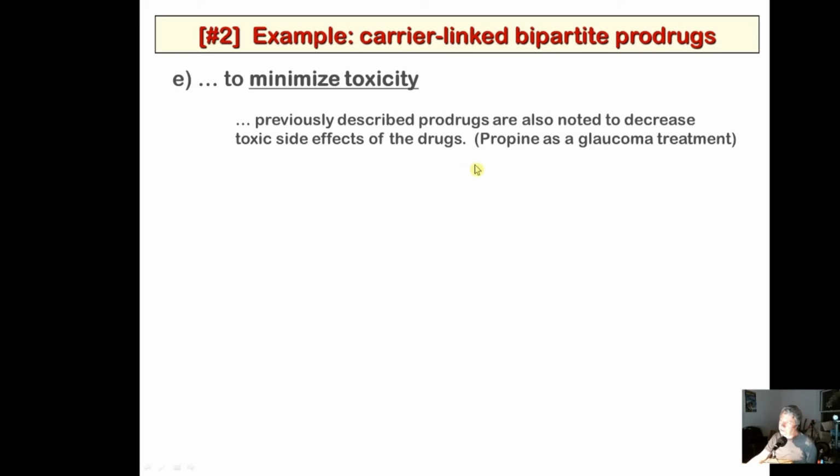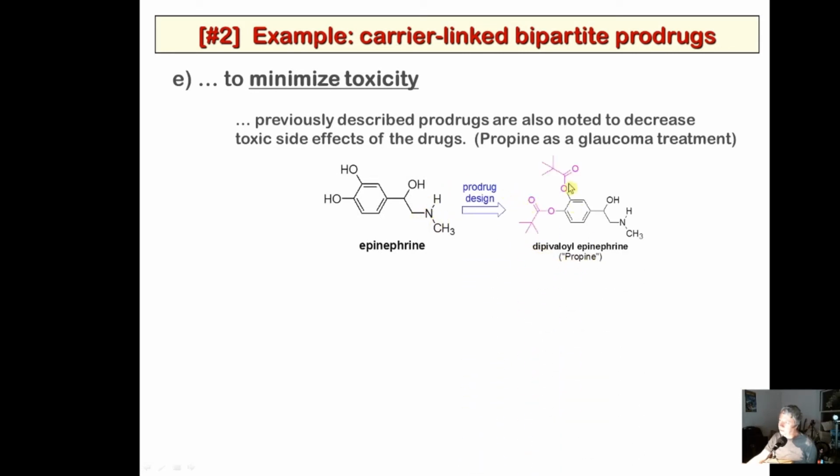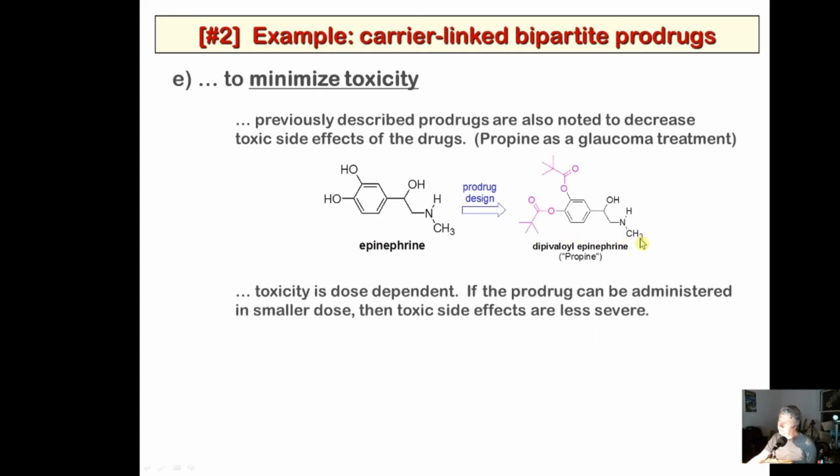A point we should mention is that when you take a drug that enhances absorption, like propine, you can take less of it, because epinephrine has some toxic side effects. By administering less of a drug, if you get a decrease in toxicity, that's pretty cool.